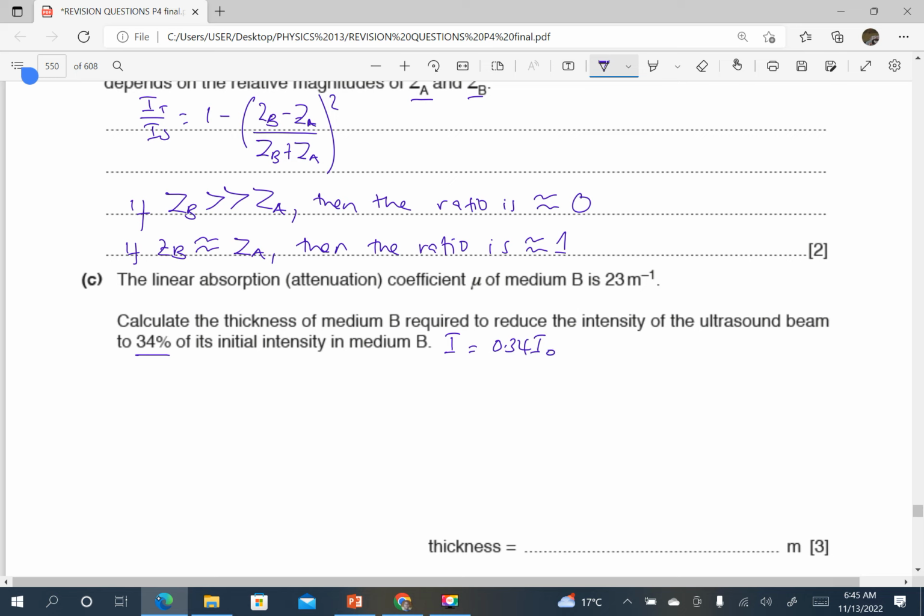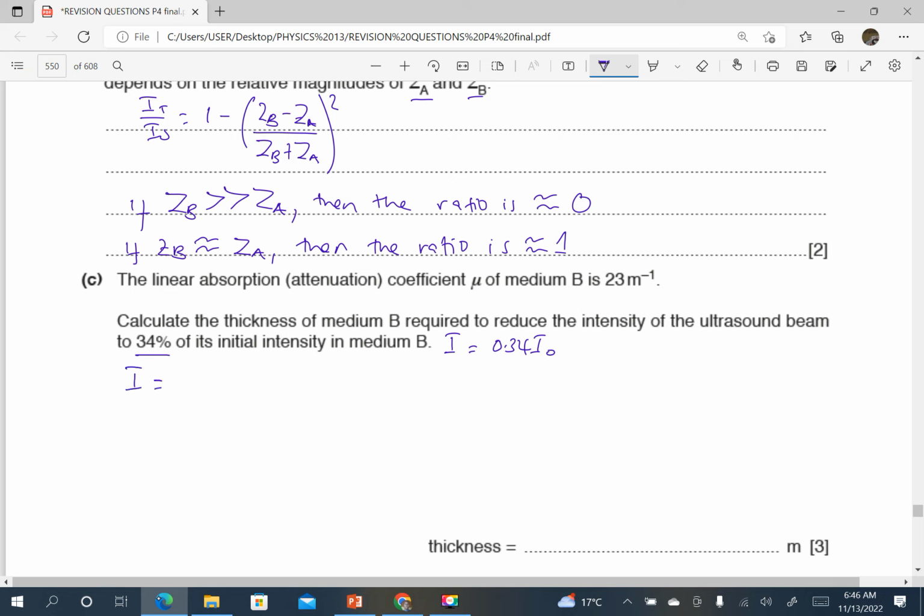So 0.34 I naught is what goes through medium B.